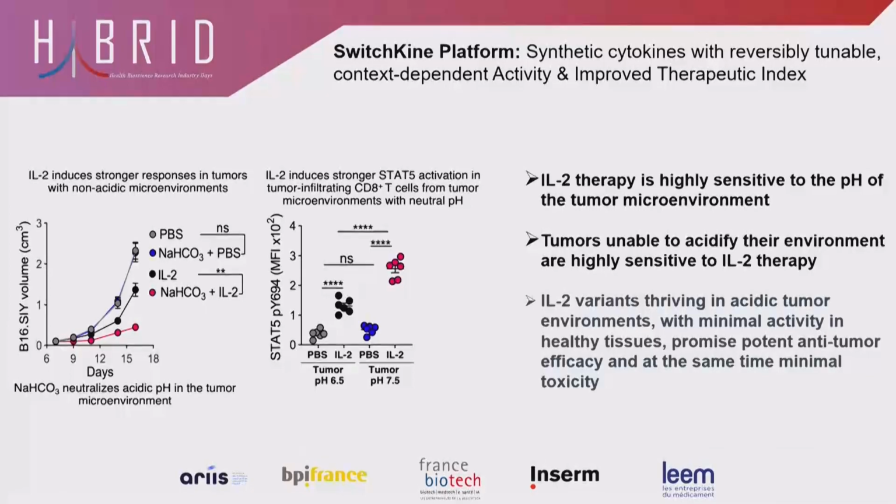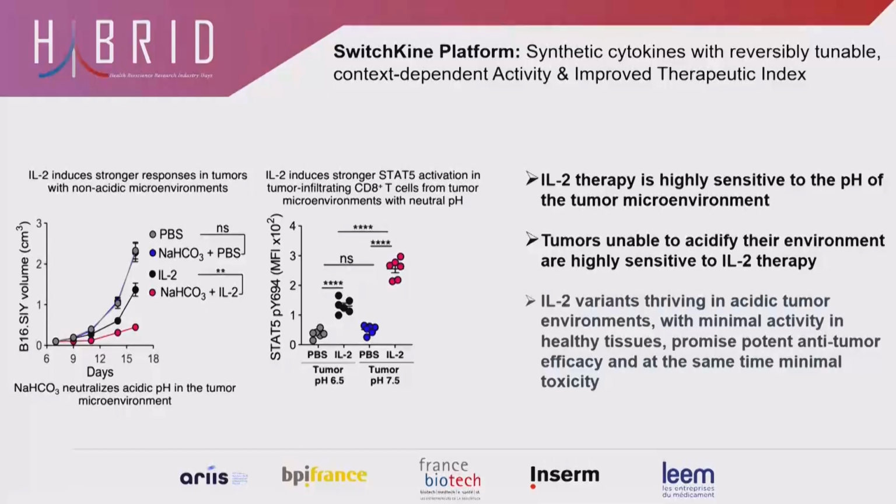And this is a direct effect, because we could look at the direct proximal signaling of IL-2, and you could appreciate that in the tumor with a low pH, the IL-2 induced STAT5 is much lower. But when you neutralize the tumor with sodium bicarbonate, the STAT5 is really higher. So IL-2 therapy is highly sensitive to the acidic environment, and tumors unable to acidify their environment are really sensitive to IL-2 therapy.